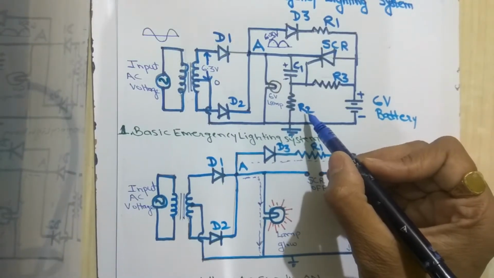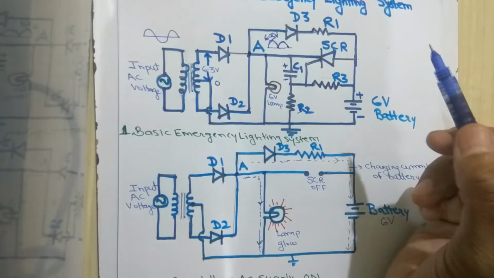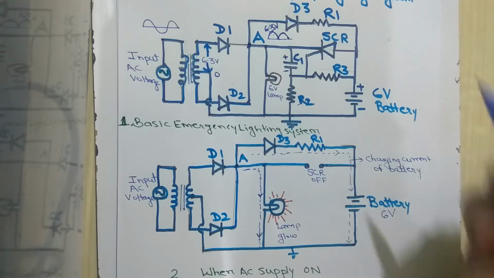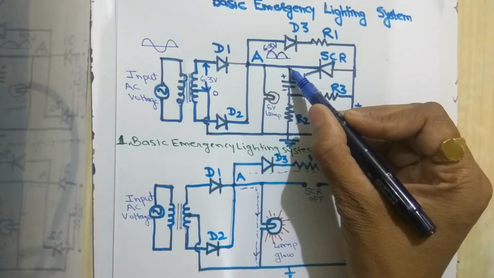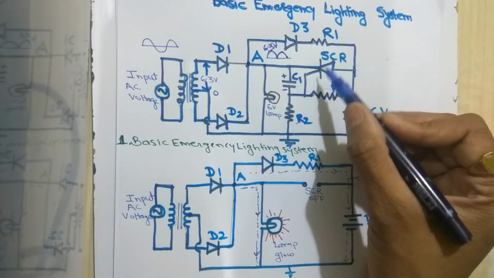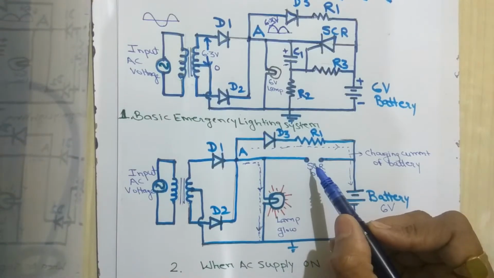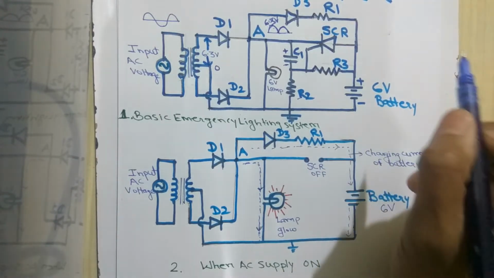DC voltage is established across the resistor R2. But as the cathode voltage is at a higher positive potential than the anode voltage, the SCR is off. Here we use the positive potential concept.